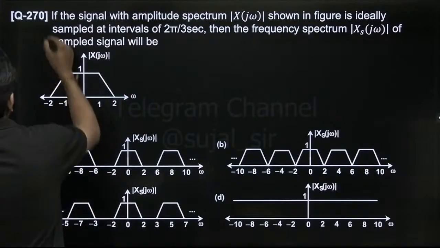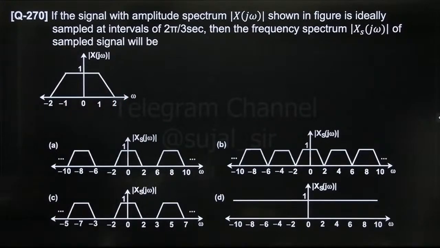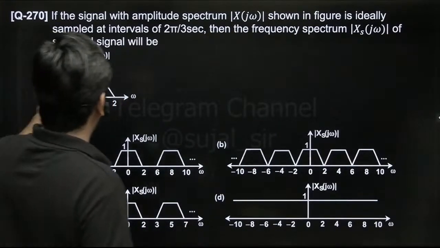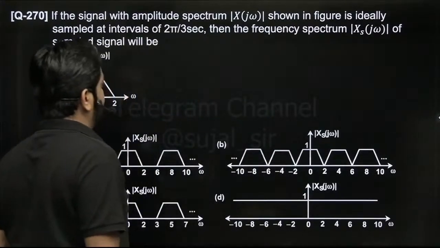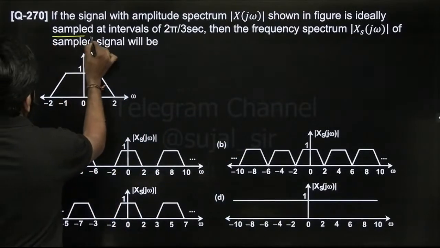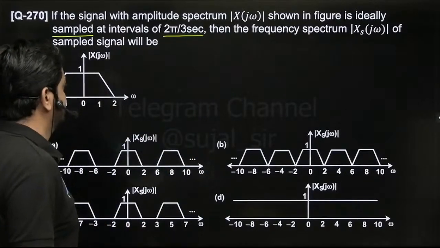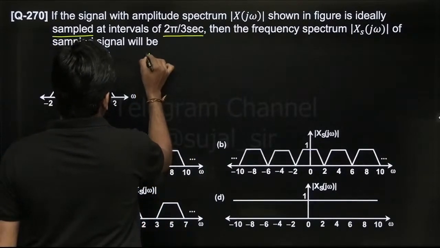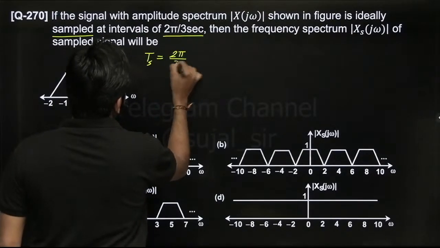Now let us see question number 270. If the signal with the amplitude spectrum, it should be magnitude spectrum, shown in the figure is ideally sampled at intervals of 2 pi upon 3 seconds. So the sampling period is given.